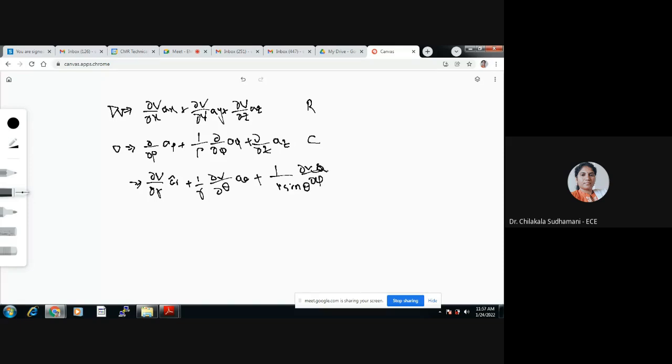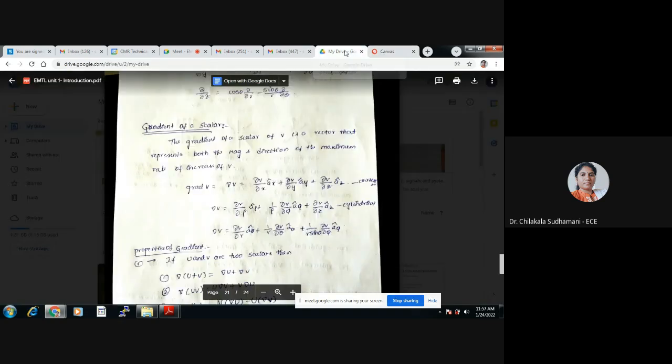This is for spherical coordinate systems. Any vector or scalar is given, and if it is a scalar, you can simply substitute. That gives the gradient of a scalar in terms of cylindrical, rectangular or Cartesian, and spherical coordinate systems.